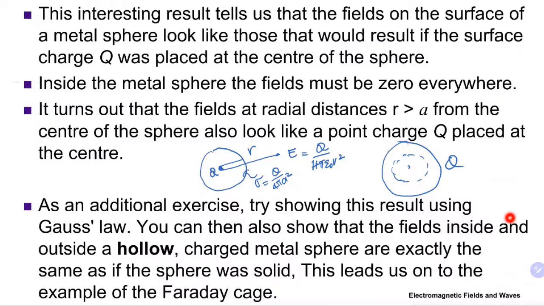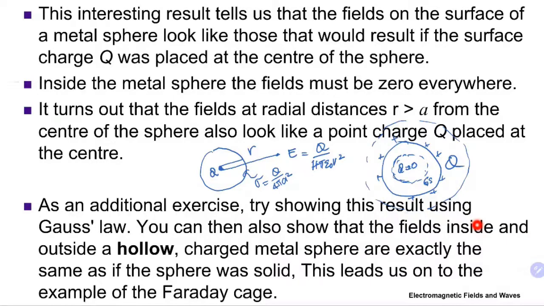Okay, so charge distributes on the surface outside. So no charge inside here. So if I draw a Gaussian surface here, then Q will be equal to 0. So inside my metal sphere, Q will be equal to 0 because the charge distributes at the outside. If I draw a Gaussian surface outside, the charge enclosed will be Q because the whole surface has Q distributed over it. So the total sum of all the charge will be Q.